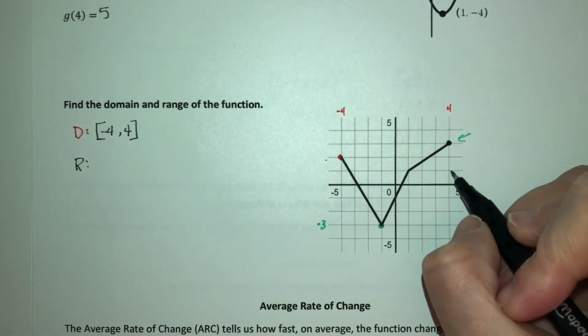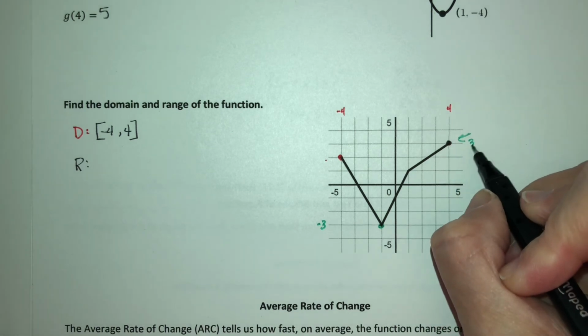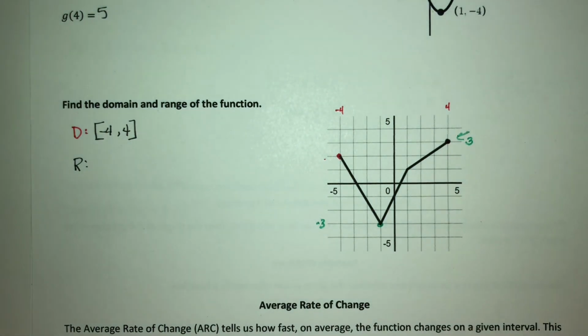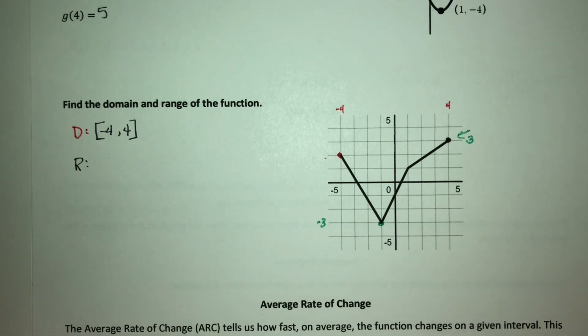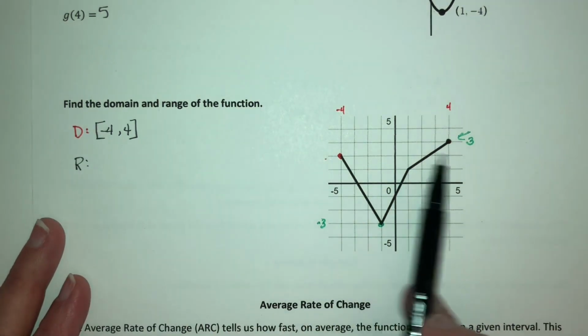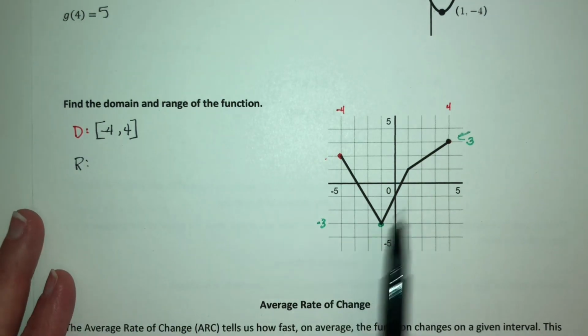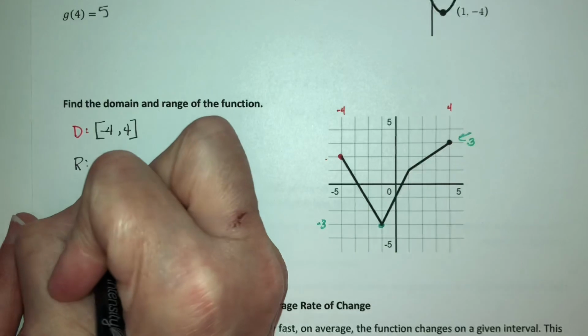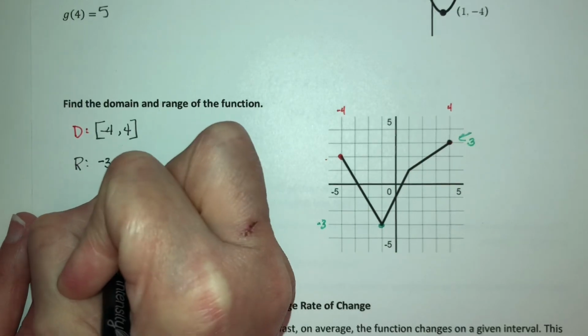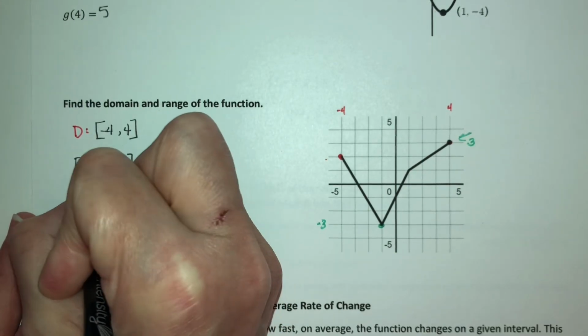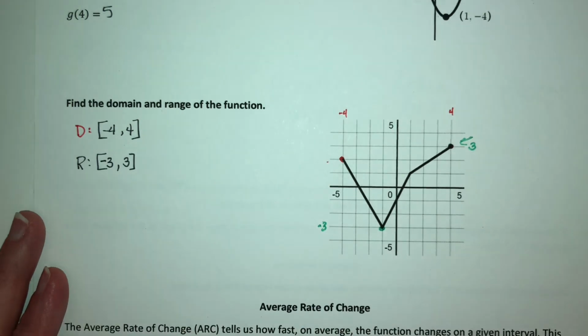Okay, and that y value is +3. So where is it located if I'm looking on the y-axis? Well, my graph is located between -4 and 4 on the x and between -3 and +3 on the y. And again, it exists at both of those points, so we use brackets.